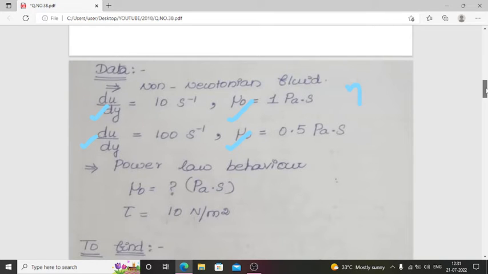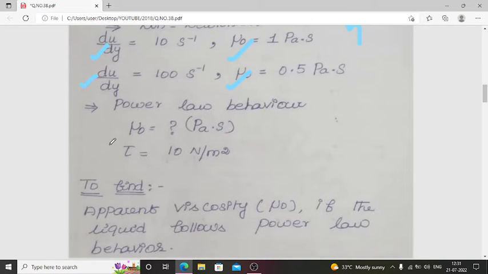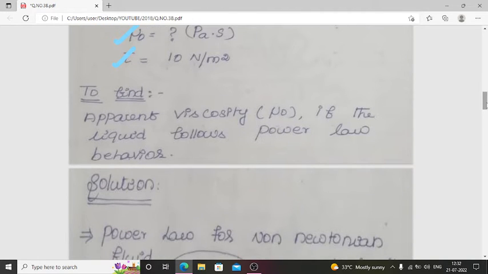The power law is the simplest model that approximates a non-Newtonian fluid. We have to determine the apparent viscosity when tau, the shear stress, is 10 Newton per meter square.